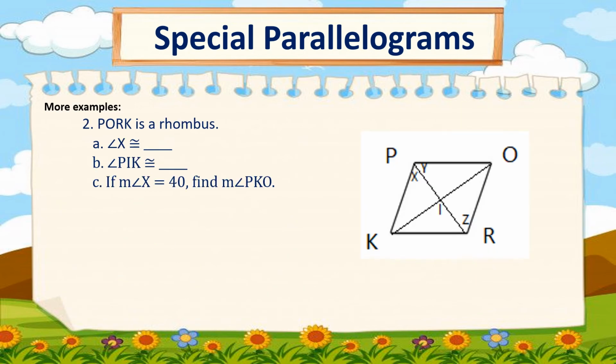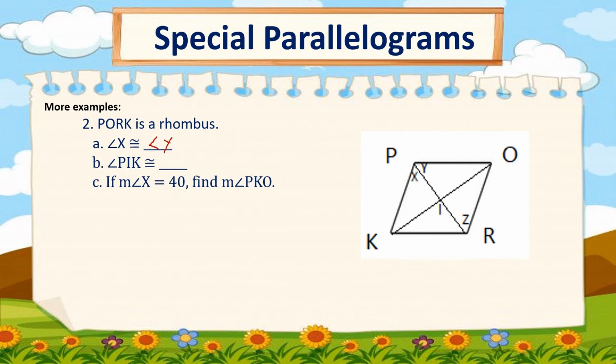Let's have another example. PORK is a rhombus. Letter A, angle X is congruent to blank. We have learned that if a parallelogram is a rhombus, the diagonals bisect opposite angles. So if we have diagonal PR, it means that it bisects angle P, which means that angle X is congruent to angle Y. Letter B, angle PIK is congruent to blank.